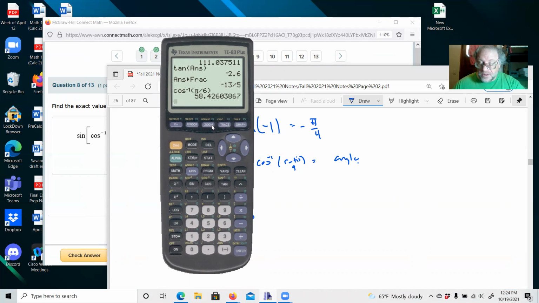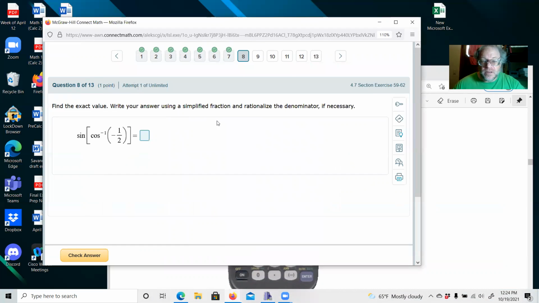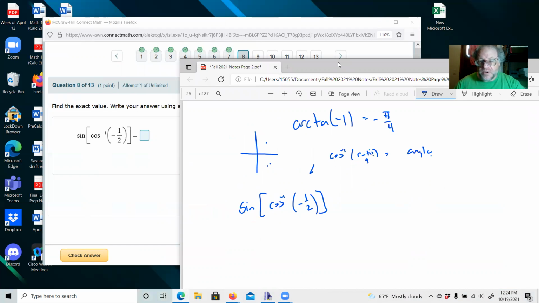So don't think just because it looks like something, that's what it is. Double check it. Make sure you know. What radians? All right. So inverse cosine, we think a ratio into an angle.